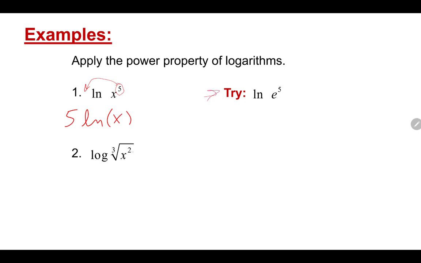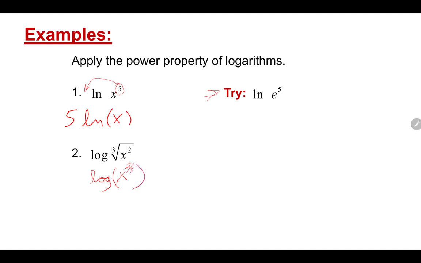Here, we have to think about what this is, so I'm going to rewrite it first. Remember that a root, a square root, cube root in this case, roots are really exponents. That's all they are. So this says it's x to the power of 2/3.